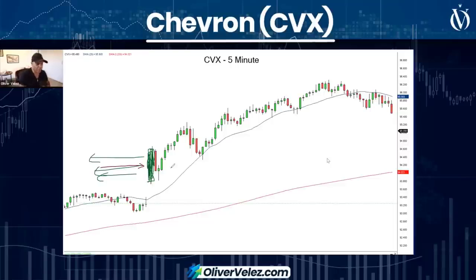Now, some people will say, but Oliver, this pullback looked pretty deep. Here's what I need you to do. Whenever your stock gaps, I need you to pretend as if the stock did not gap. We must fill in the gaps. So here was yesterday's closing price. Here's the gap. We have to pretend as if from yesterday's closing price, this stock traded up there.